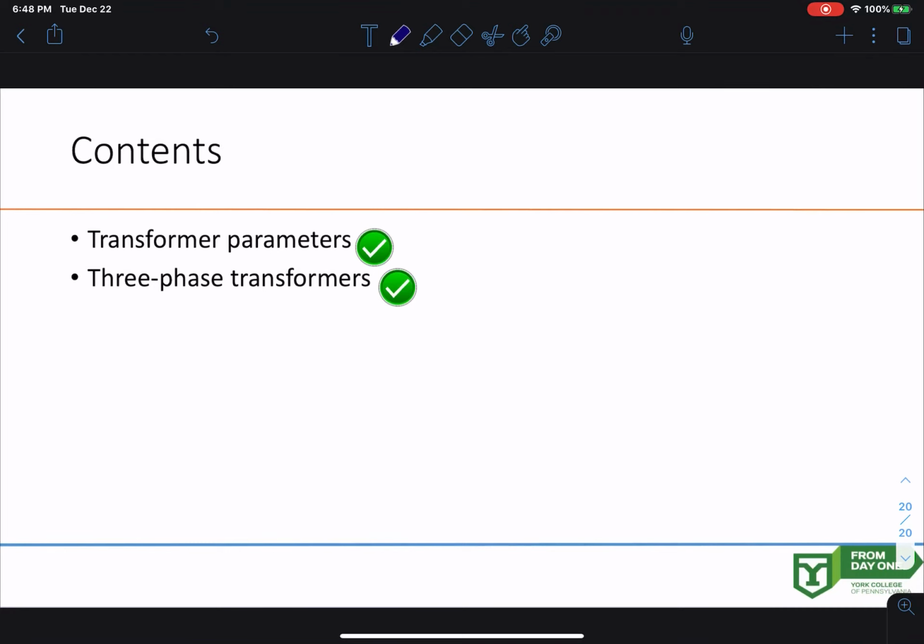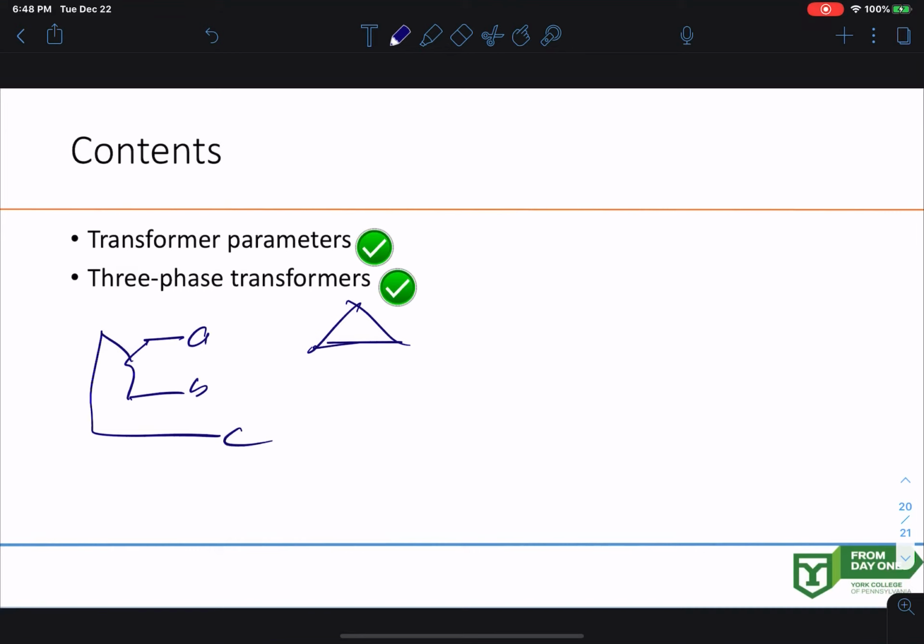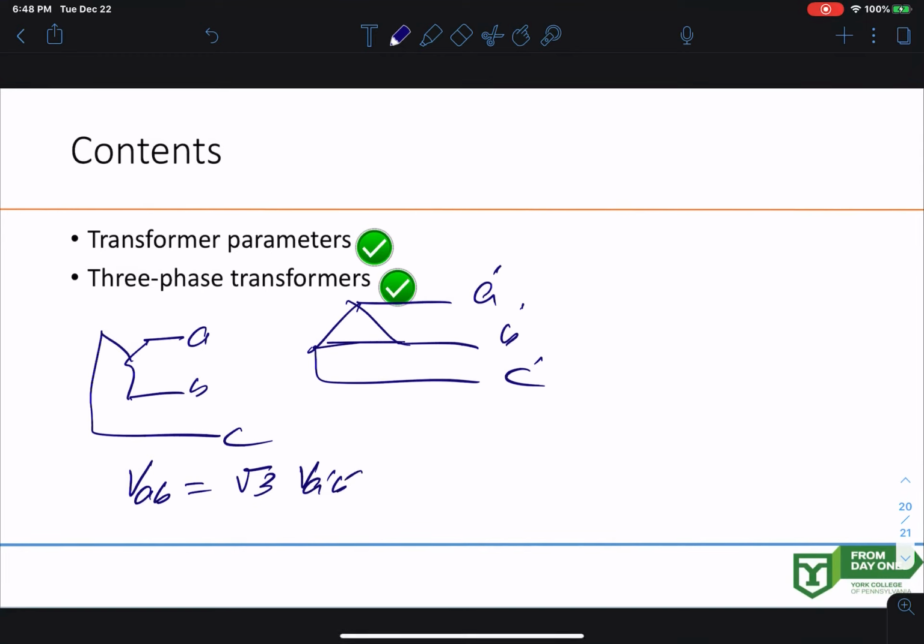All right, let me re-emphasize my point over here. So if you have Y and you have delta over here, A, B, C, right? So VAB on the Y side, and let's do prime over here, would be square root of 3 times VA'B', all right?